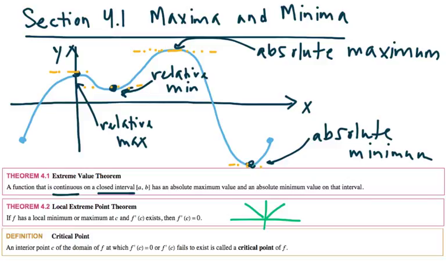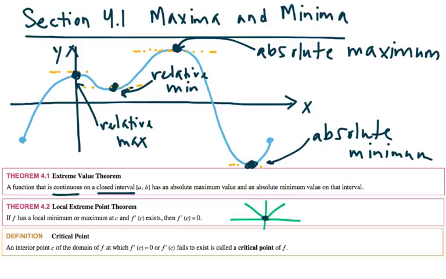So all of the relative or local mins and maxes that I drew initially, those are all going to be critical points. f prime of c equals 0 at all of those points. And then this absolute value example that I just gave you, f prime of 0 does not exist. So that would also be considered a critical point.